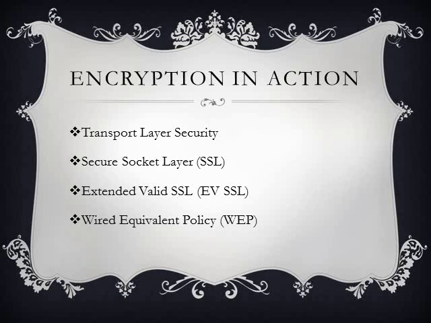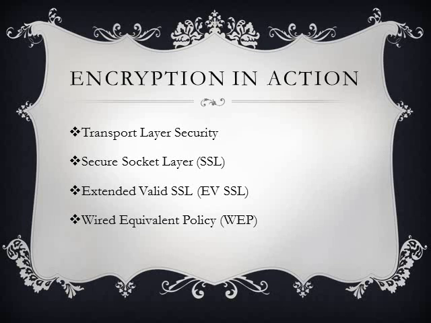So now a little bit more about encryption in action. There are four main types. Transport layer security is the standard encryption protocol used for secure web communication, along with secure socket layer. Those are both used for logins to email, social networks, online banking, shopping transactions, things like that, which use the HTTPS protocol.